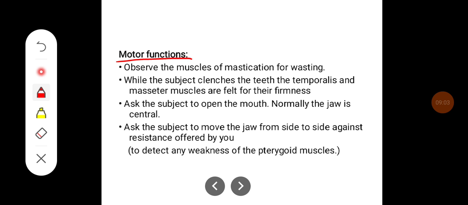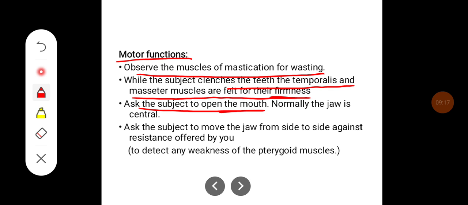Then to assess motor function, observe the muscles of mastication for wasting. While the subject clenches the teeth, the temporalis and masseter muscles are felt for their firmness. Then ask the subject to open the mouth. Normally the jaw will be in the center, and usually the lateral pterygoid is responsible for the opening of the mouth.